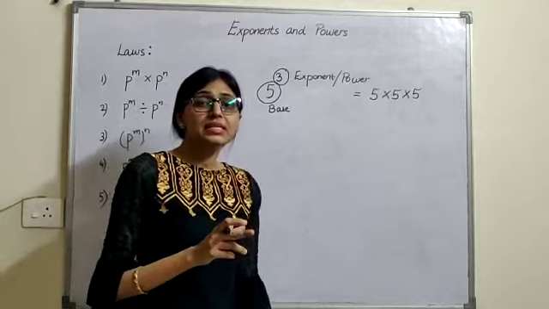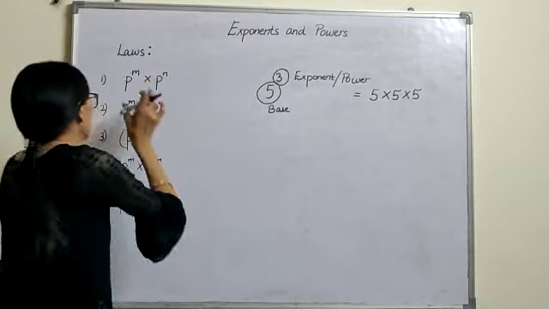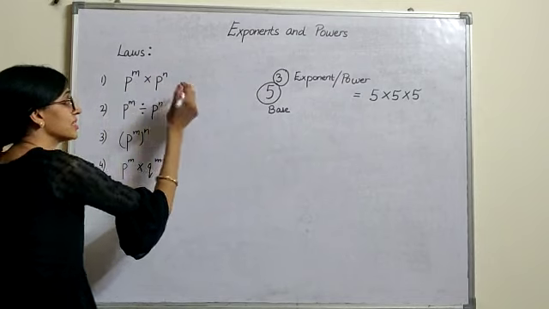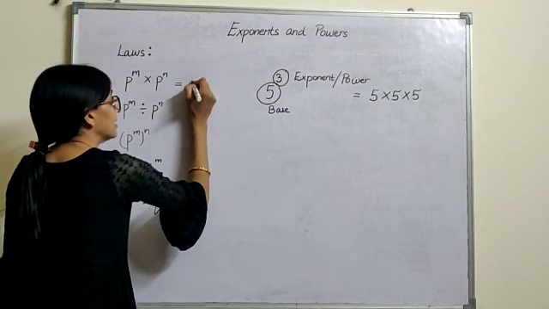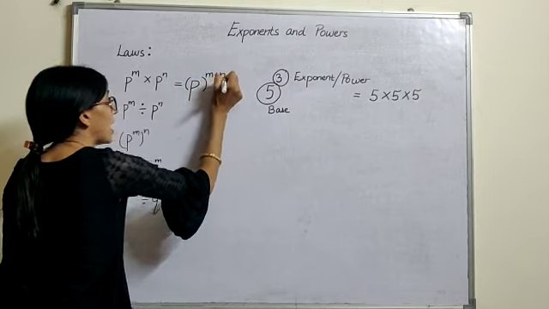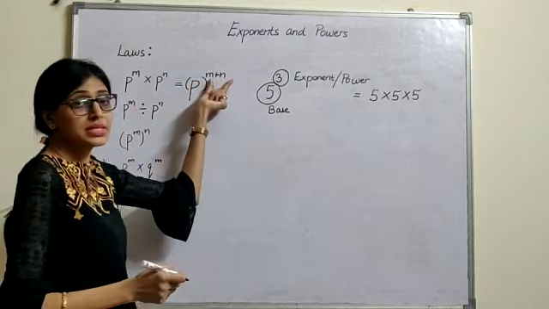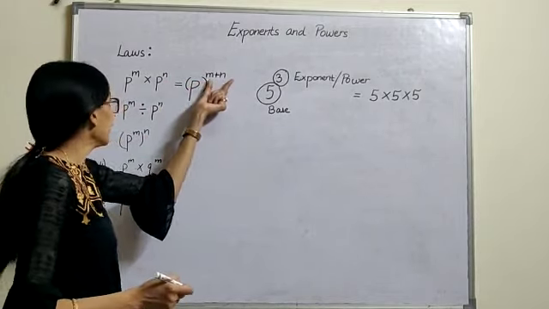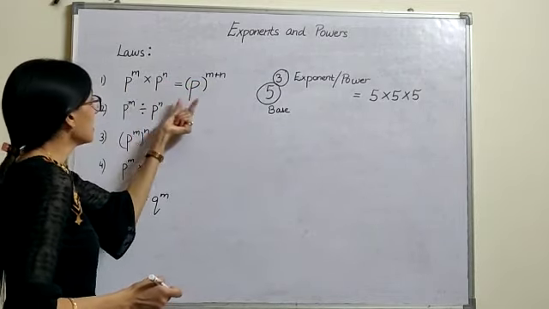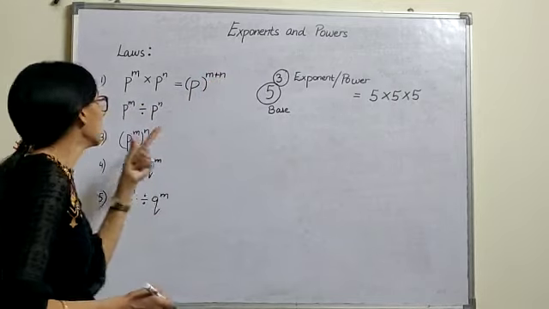When the base is same and the power is different, then base is same, powers are added. That means p raised to power m plus n. When base is same, powers are added. That is, we take a single base p and both the powers are added.